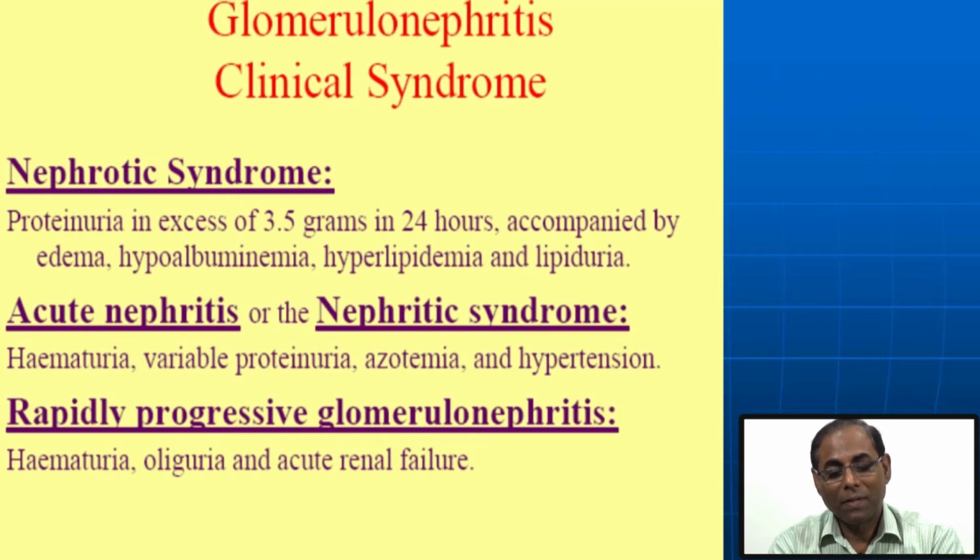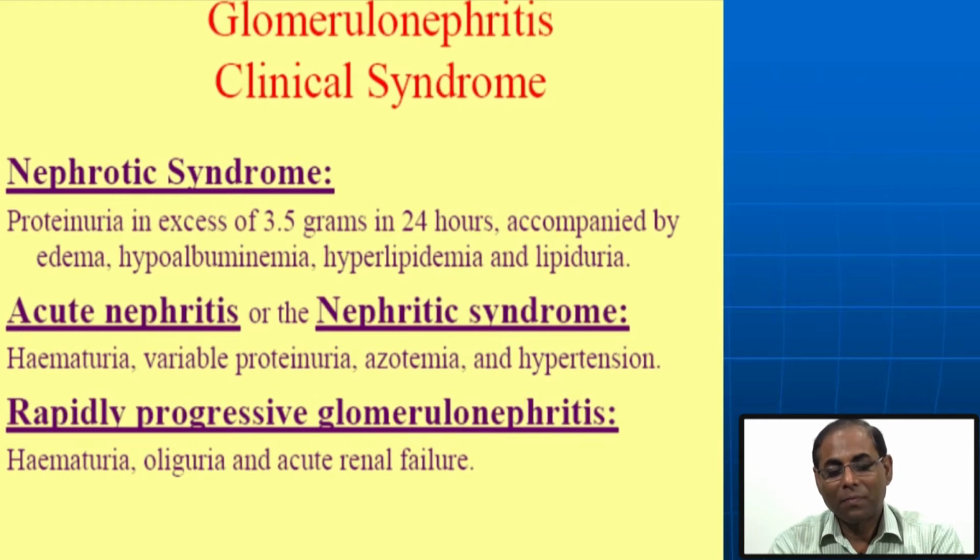Whereas in cases of nephritic syndrome, these patients have a relatively shorter duration of illness, and they present with mild to moderate proteinuria and hematuria. And when glomerular hematuria is there with proteinuria, obviously this is related to some glomerulonephritis, associated with azotemia as well as hypertension.